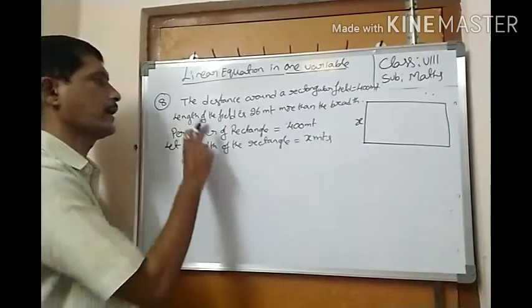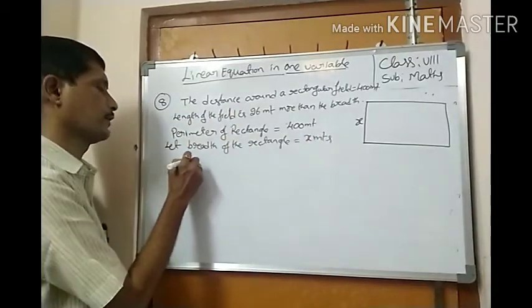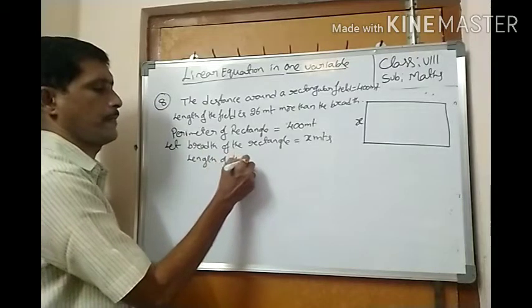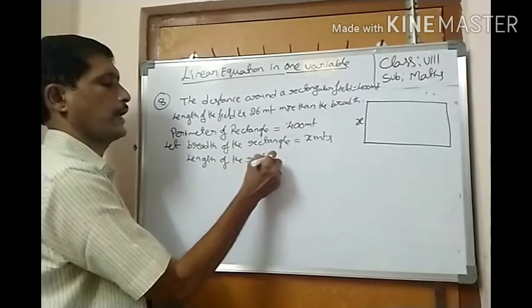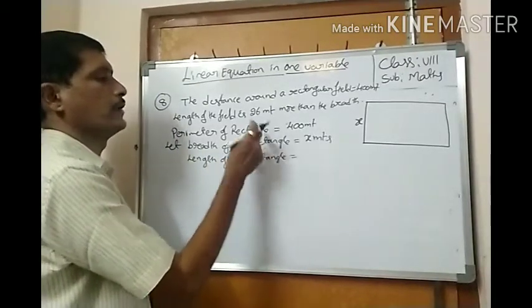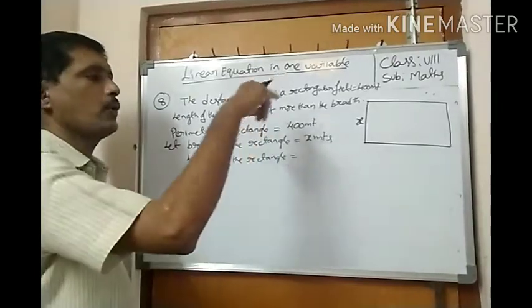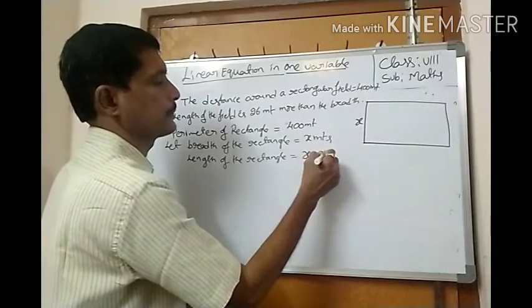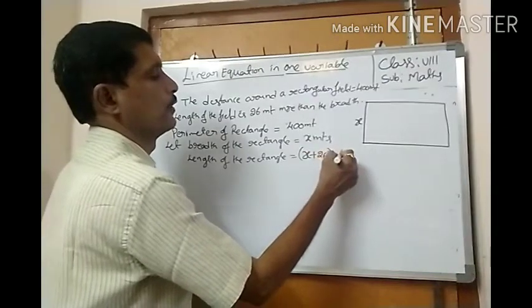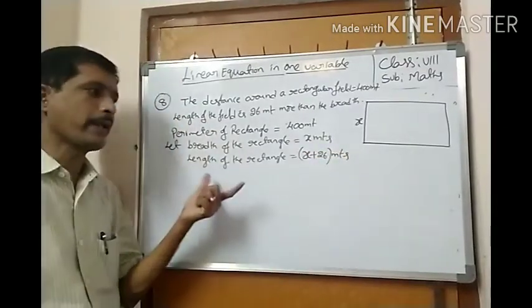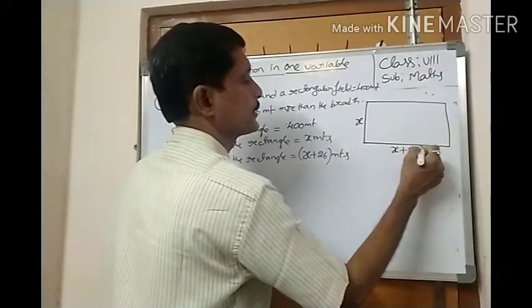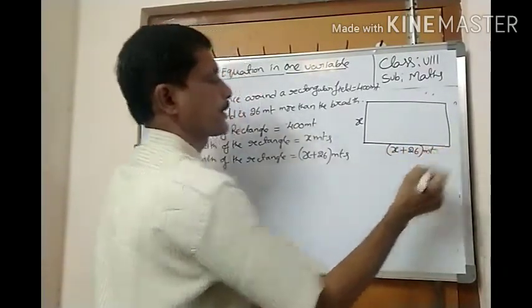Next, what is given? The length of the rectangular field is 26 meters more than its breadth, therefore length equals x plus 26 meters. You know the formula for the perimeter of the rectangle. What is the perimeter of a rectangle formula?